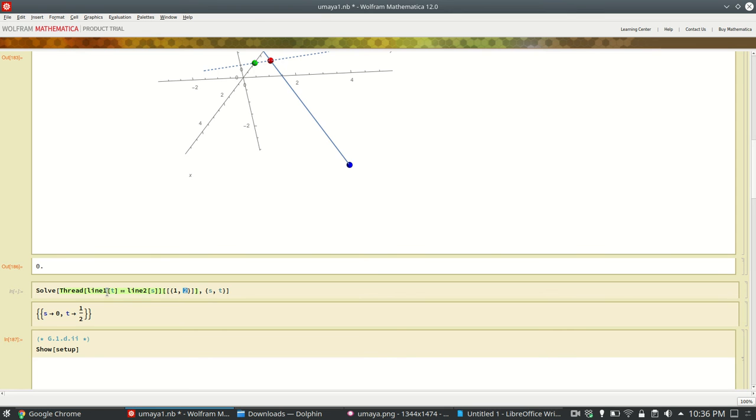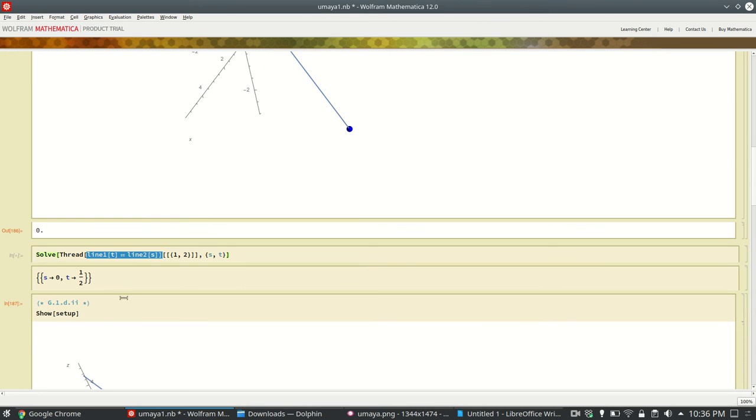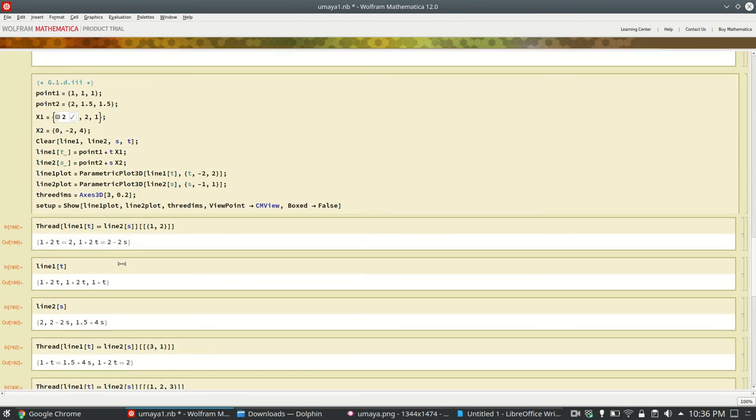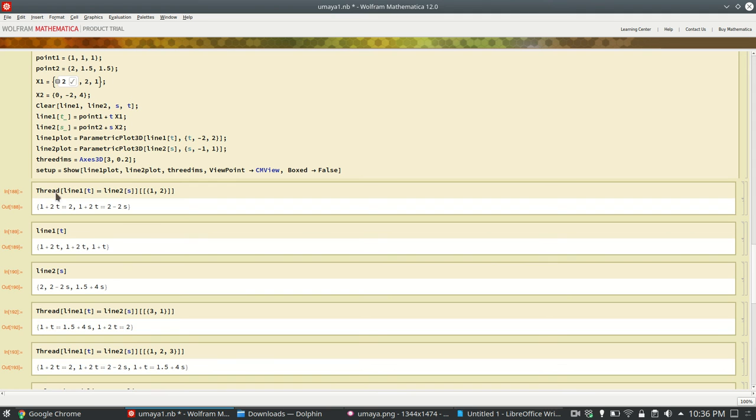And so here it is. Position 1 of this equation, where we set line 1 equal to line 2, let me just remove the Solve and show you what the equation is. All right, so here it is. I removed the Solve and just copied everything except for the Solve. And this is the same equation.